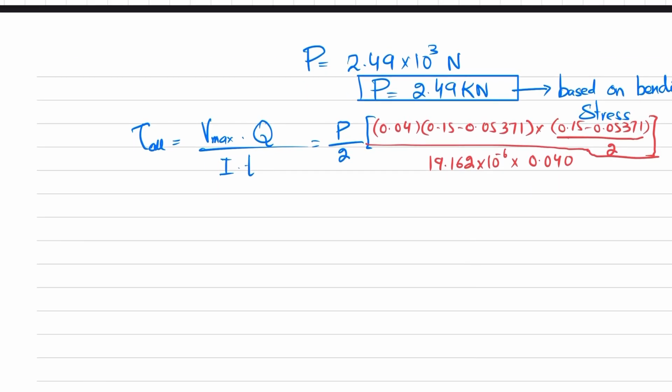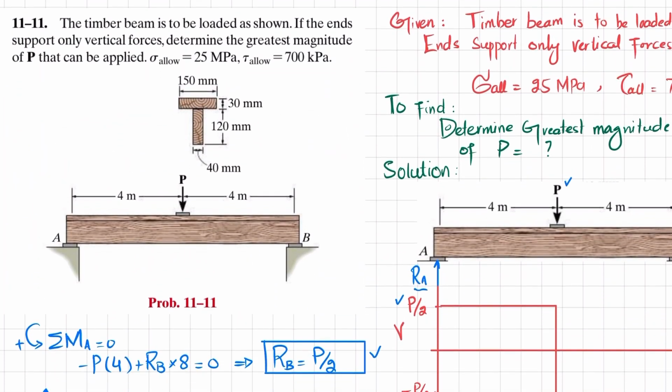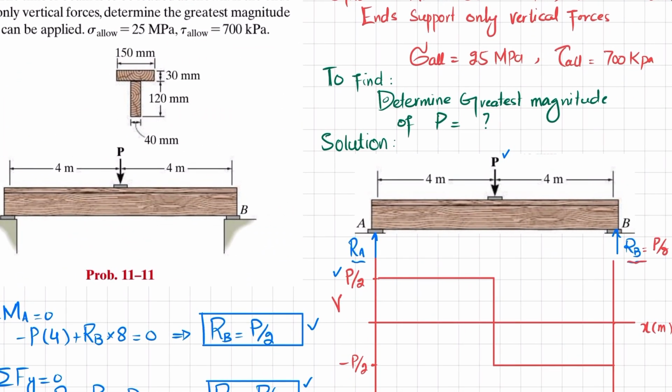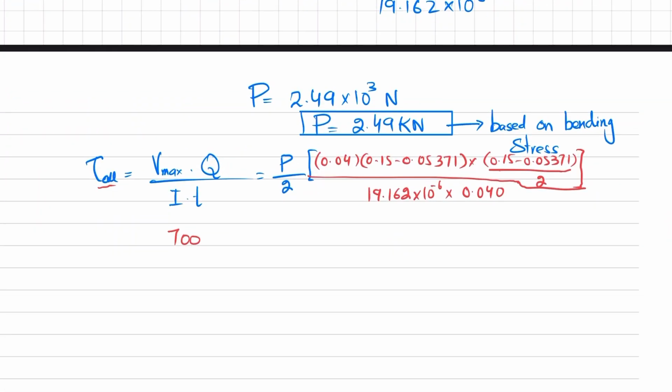So the allowable stress is given as 700 kilopascal, so 700 into 10 raised to power 3 is equal to this value.